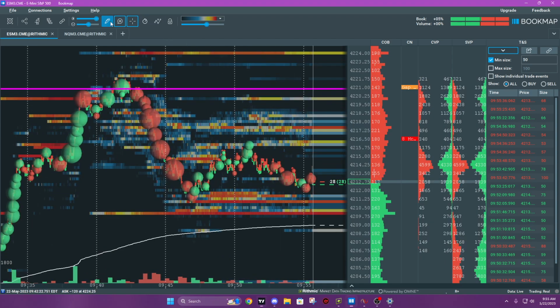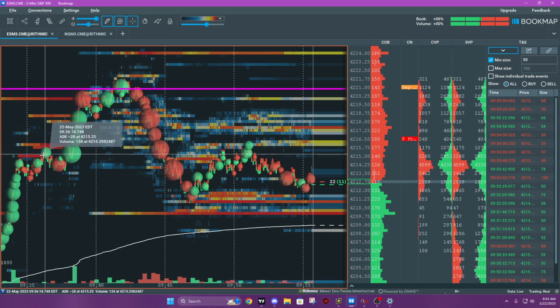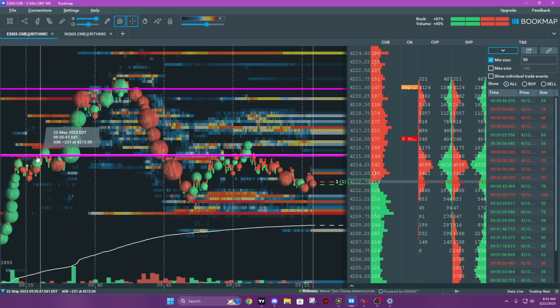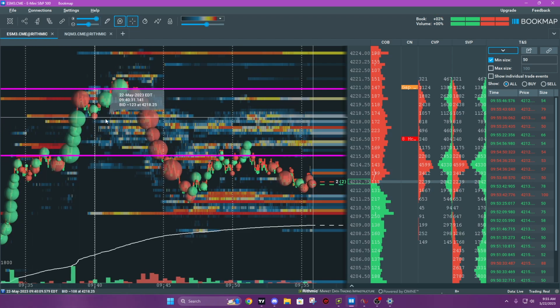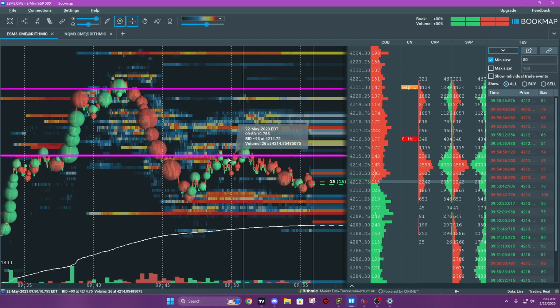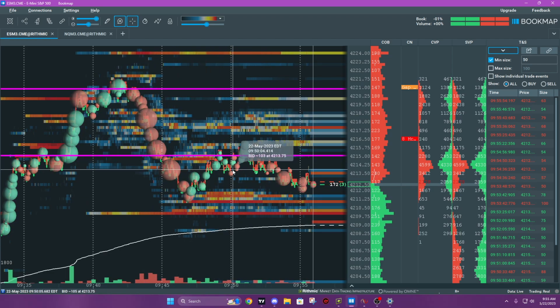So this is what I'm kind of looking at right here. So you can see we had some resistance over here, right? And then we broke through that big buying. Then we kind of bounced around. We broke back below. Now we're kind of rejecting that.